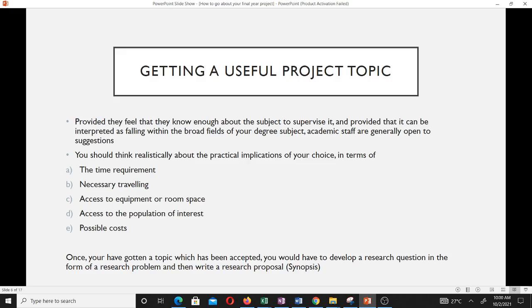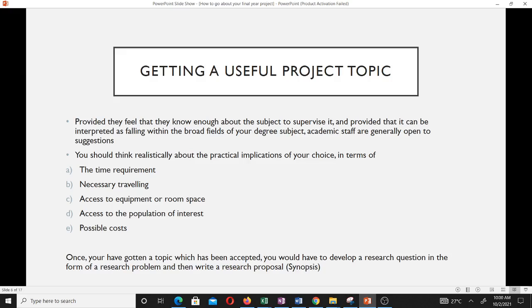Sometimes it could be that the topic you've selected is out of your program. Maybe you are doing mathematics, but your topic is something in statistics. So they will tell you that this topic is not appropriate. Sometimes it could be that the research might take 2 years, and maybe you have just 1 year to do that project.